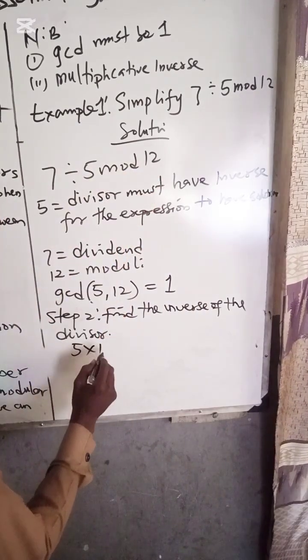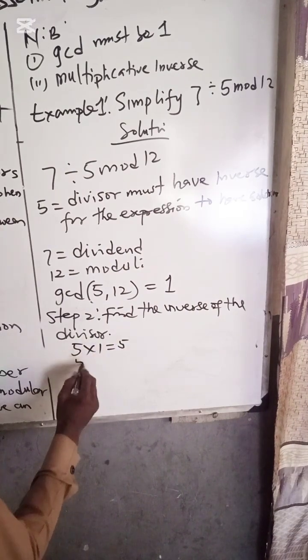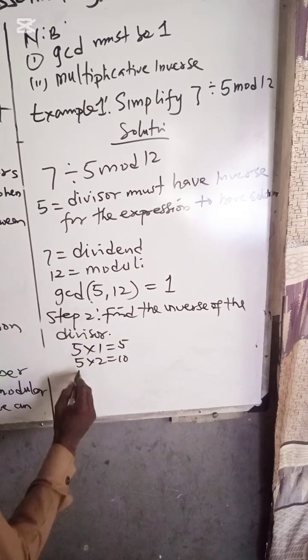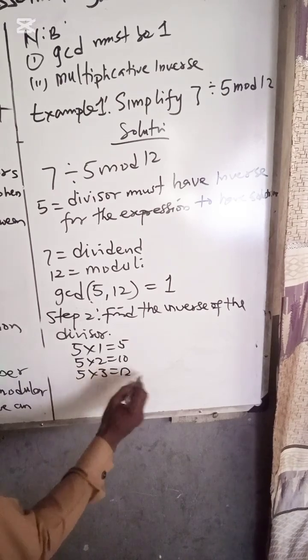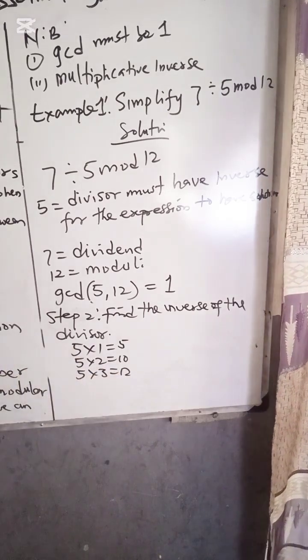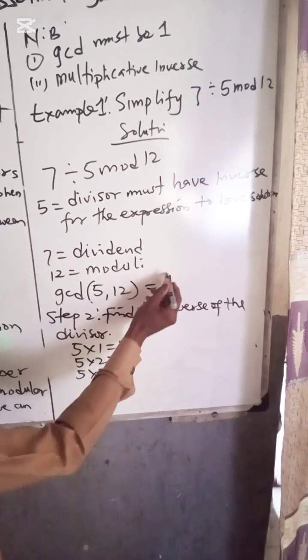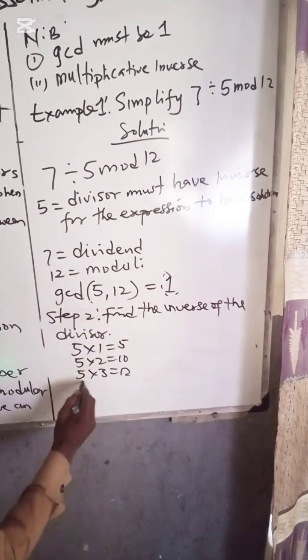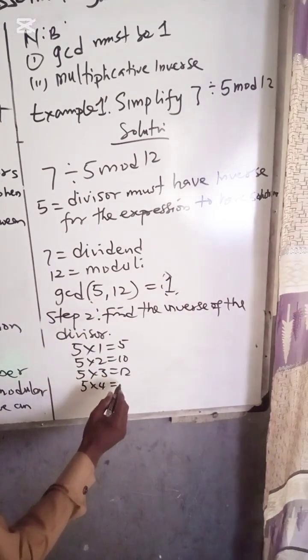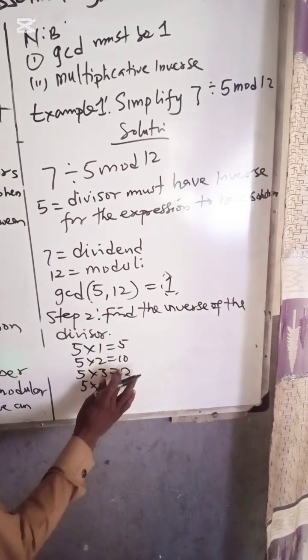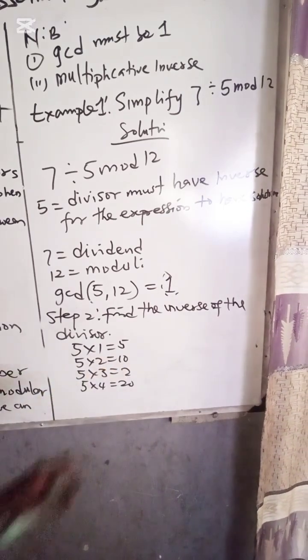5 times 1 is 5. 5 times 2 is 10. 5 times 3 is 15. 12 in 15 is 1 remainder 3. Our remainder here is 3, not 1. So we try 5 times 4. That is 20. 12 in 20 is 1 remainder 8.